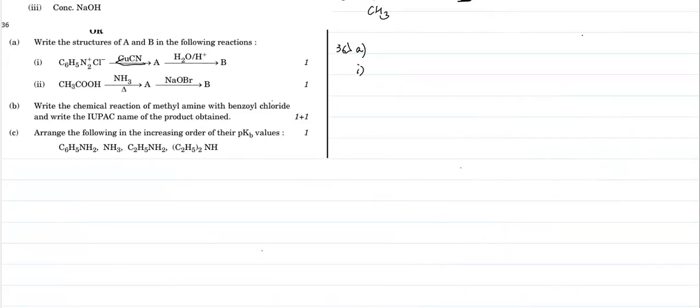So C6H5 N2 plus, and yes, I like drawing the benzene rings. This on reaction with CuCN is a very well-known reaction. It's the Sandmeyer reaction. And this is going to lead to the attachment of a CN, that is a cyanide group, to the benzene ring. And our other product is nitrogen.